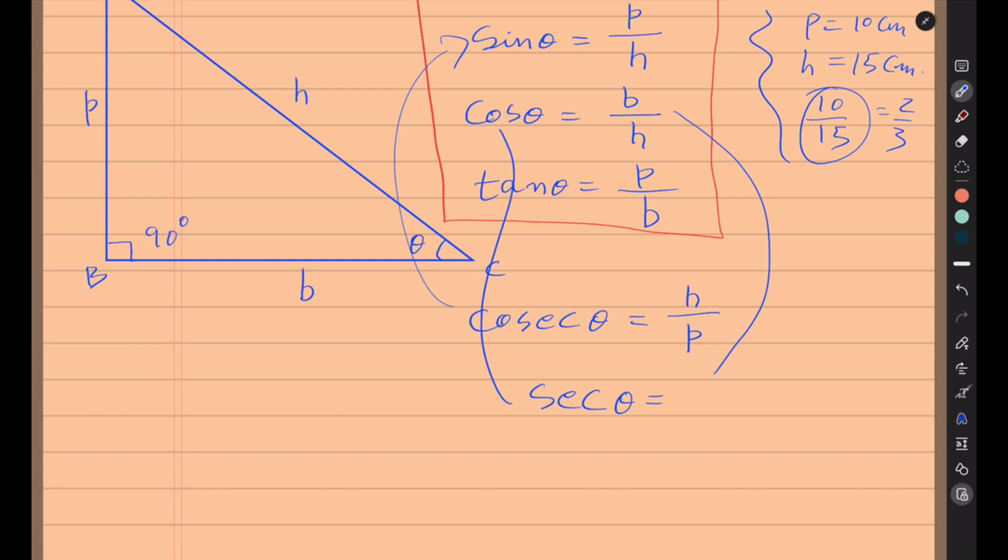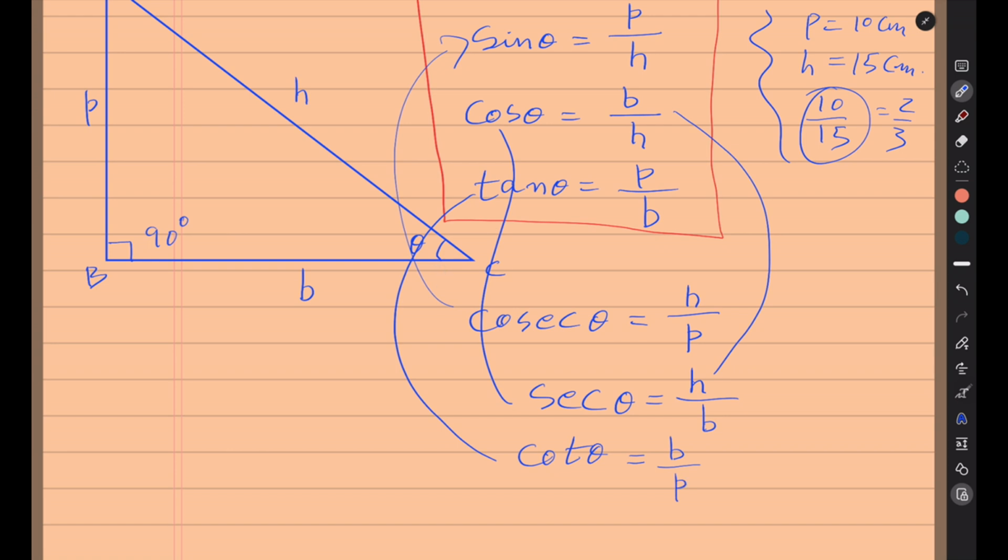And as you can guess, it is nothing but a ratio of h and b. And then for tan theta also we define a kind of inverse ratio which is called cot theta, and that is b by p.